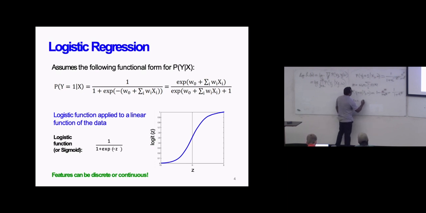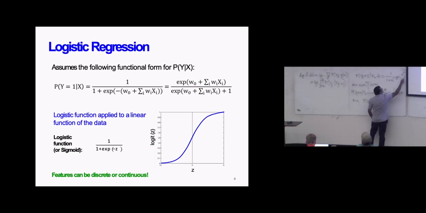What is the probability of yj equals 1? If z equals 0, what is this probability? What is the value of this? 50%. Because this is e to the power 0, which is 1. 1 over 1 plus 1 is equal to half.